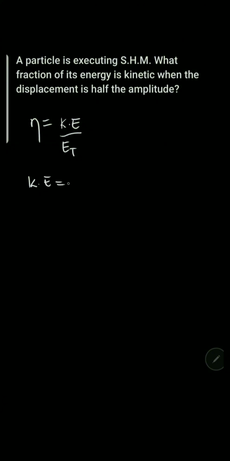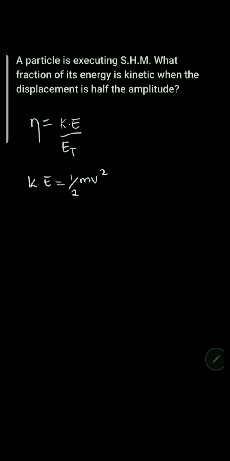So here we have that kinetic energy is half mv squared. That's how you calculate the kinetic energy. But here we are considering the movement. The movement is simple harmonic motion, hence it is periodic.